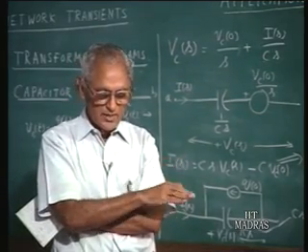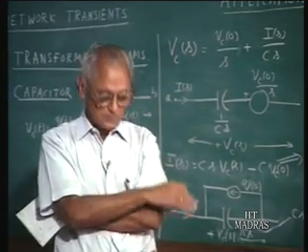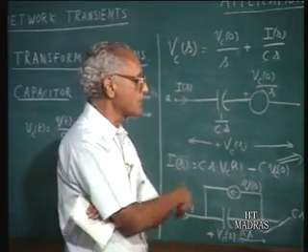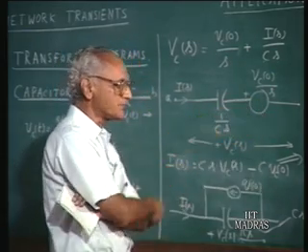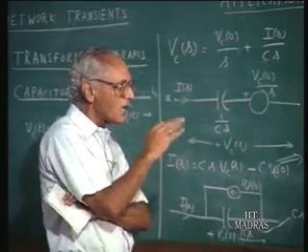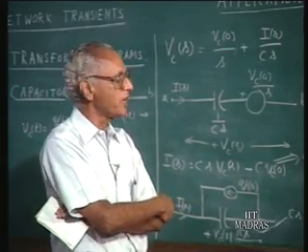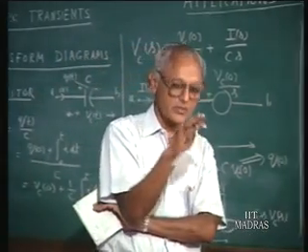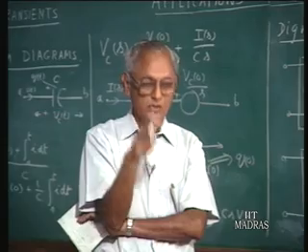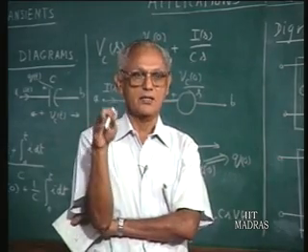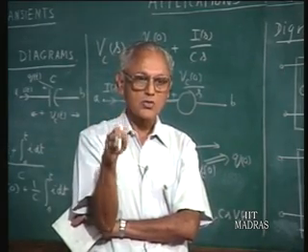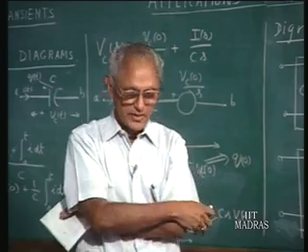Because initial currents in an inductor and initial charges in a capacitor can be represented by equivalent sources, as we have seen, without any loss of generality we can consider the effect of sources on circuit elements which do not carry any initial current or charge.